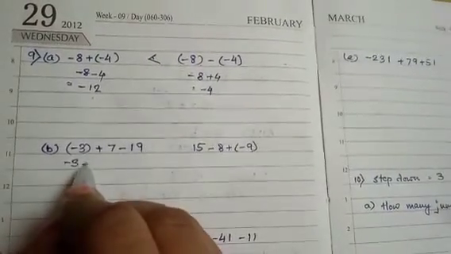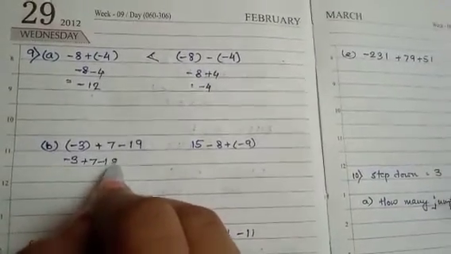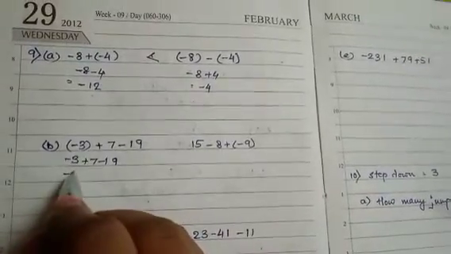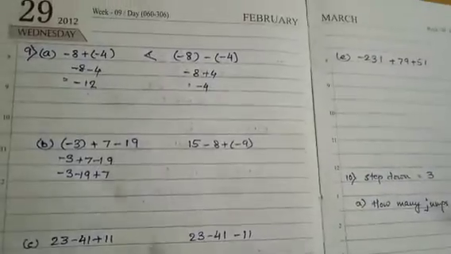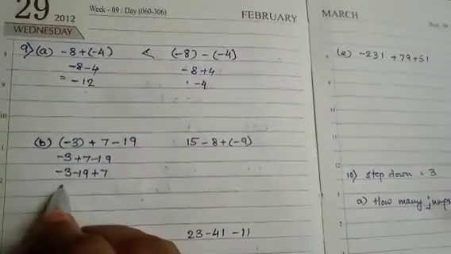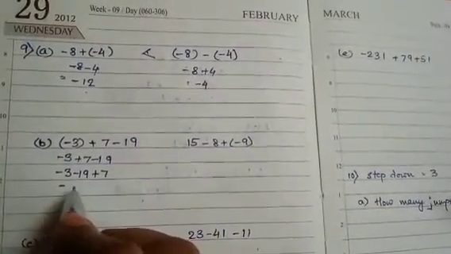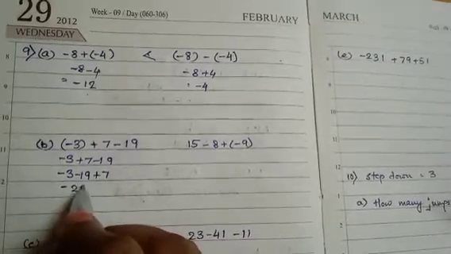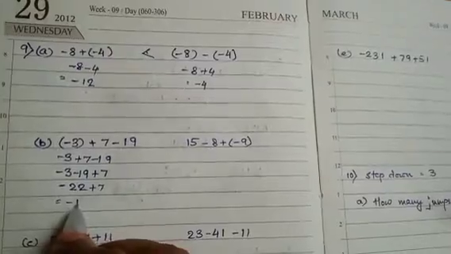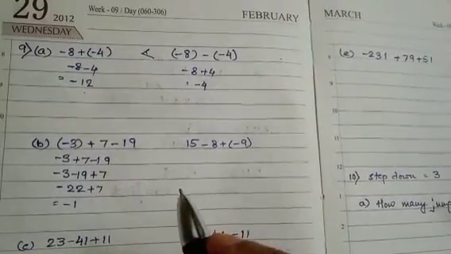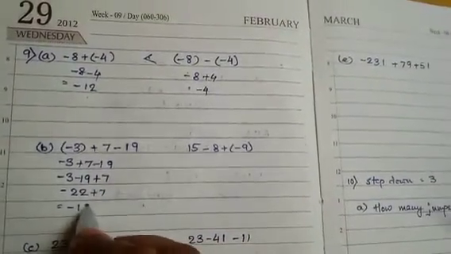Coming here, minus 3 plus 7 minus 17, minus 19, sorry. So minus 3 minus 19 plus 7, I will find out. So this is minus 22 plus 7, which is equal to minus 15.